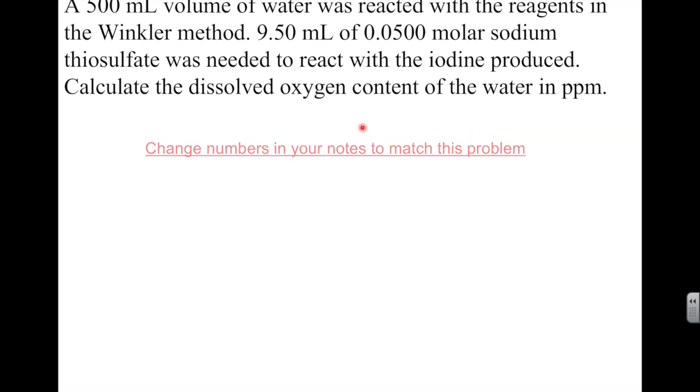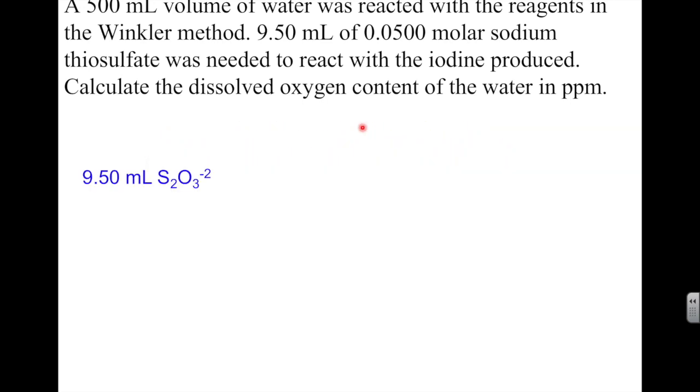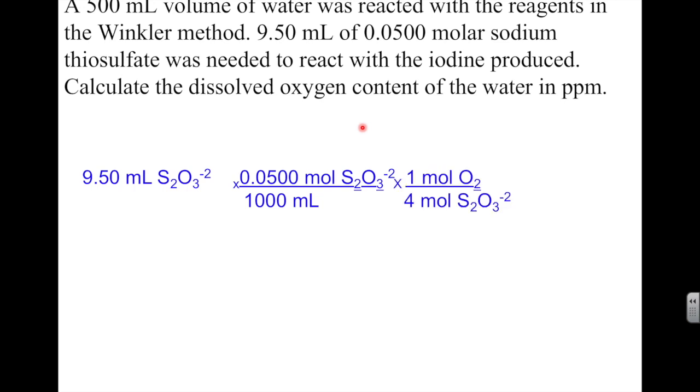So you take that 9.5 and then you multiply by the molarity, okay, and find the number of moles of sodium thiosulfate. Not too bad. And then we know that the moles of thiosulfate to oxygen is a 4-to-1 process. Cool. And then we can change that into grams, okay? Because we're looking for ppm right here.